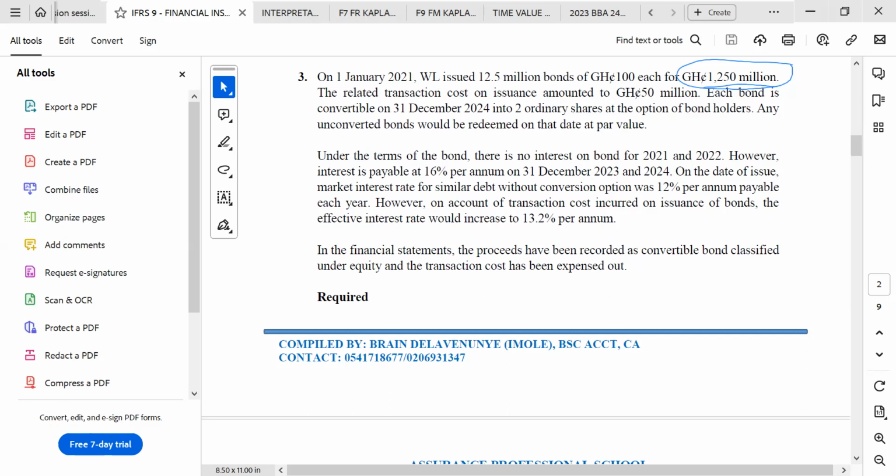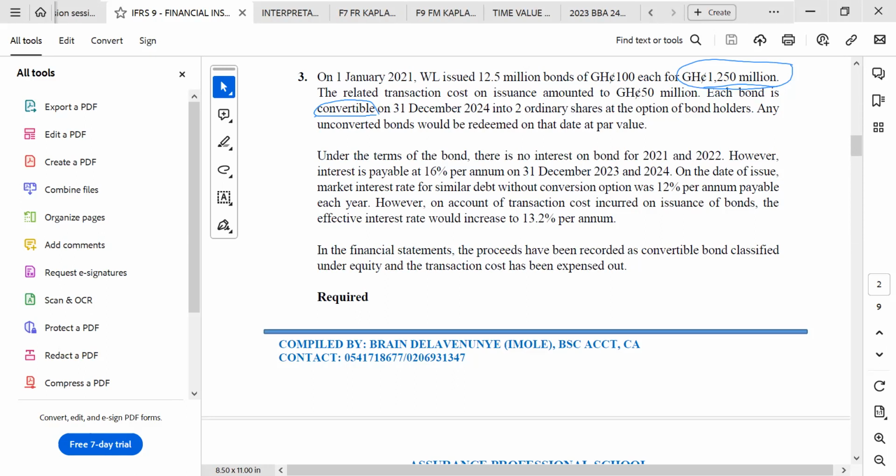But what is making it to be a convertible instrument? What is making it to be a convertible instrument? Each bond is convertible. So what is making it a convertible instrument is the right to convert on 31 December 2024 into 2 ordinary shares at the option of the bondholders.